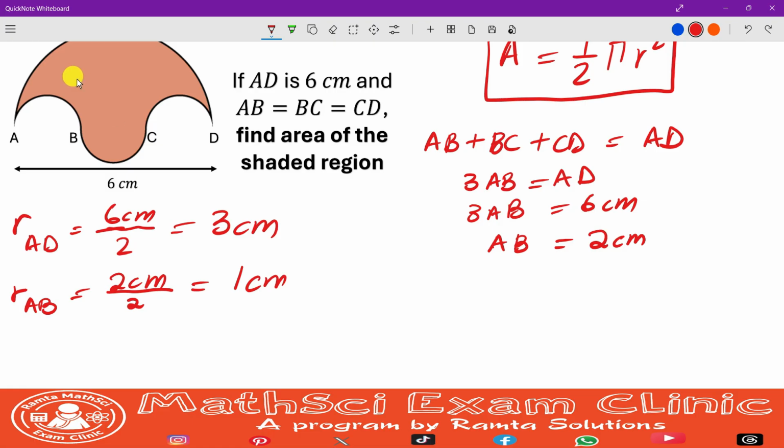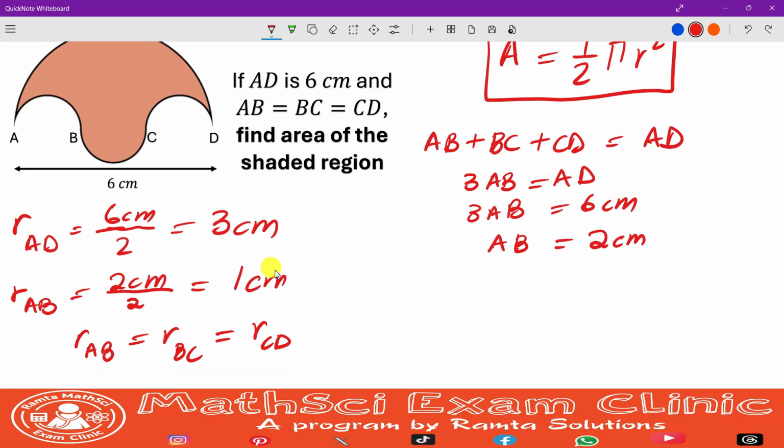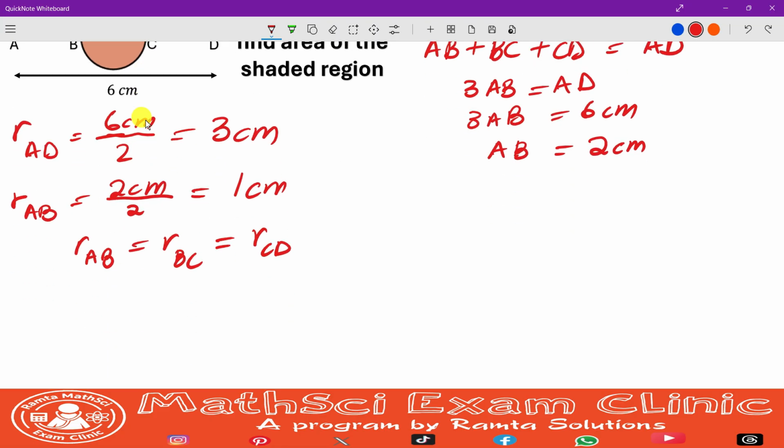Remember, the radius of AB is equal to the radius of BC. It is also equal to the radius of CD. With this being said, the area of AB is the same as the area of BC and is the same as the area of CD. Okay, and now let's find the area of the shaded region.